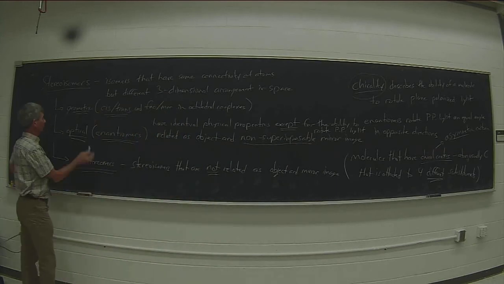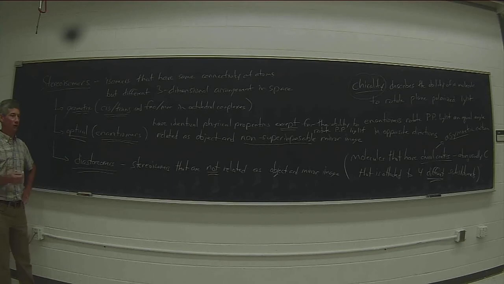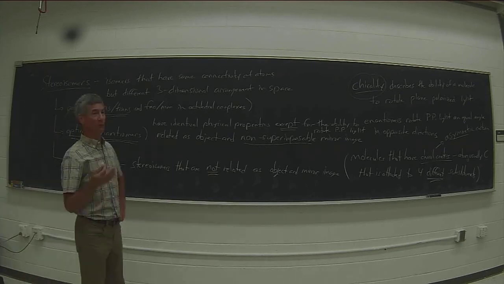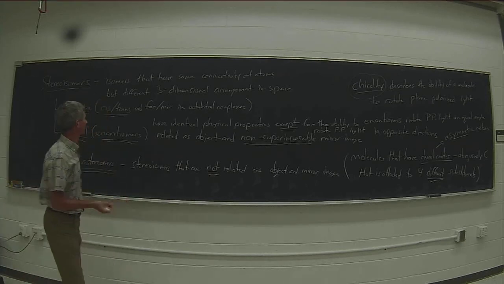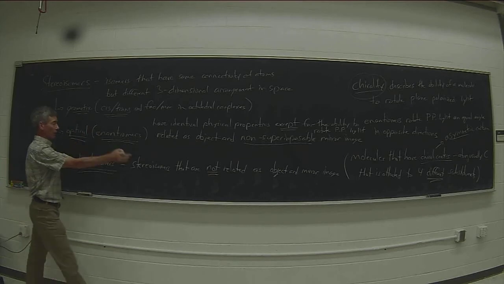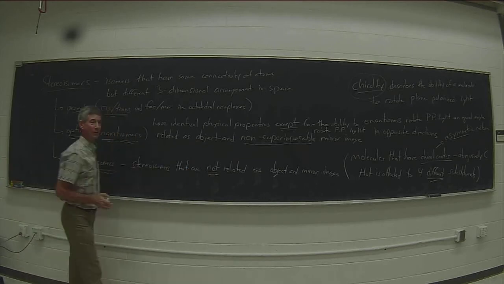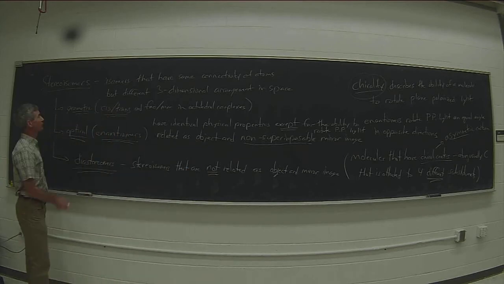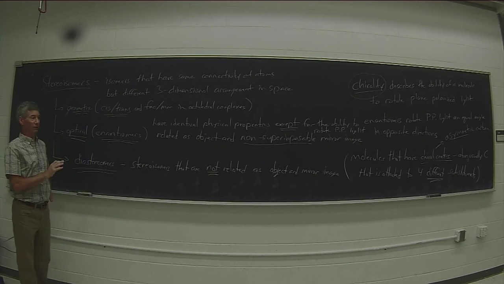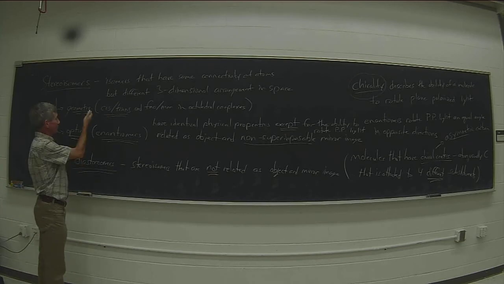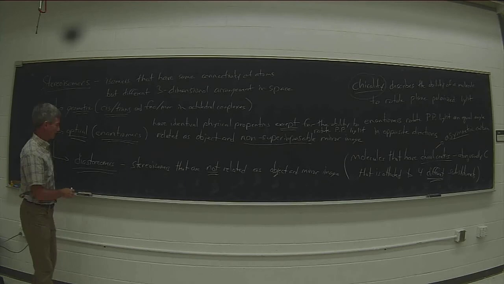Enantiomers, diastereomers, geometric isomers, these all refer to relationships between a pair of molecules. Geometric isomers are not related as object and mirror image, so they are diastereomers, but they're also geometric isomers. They don't necessarily have to have chiral centers.